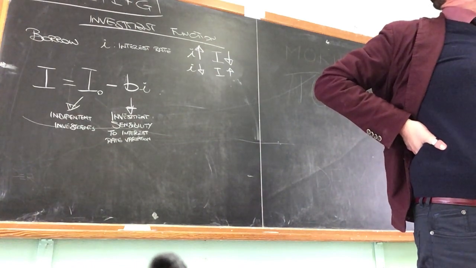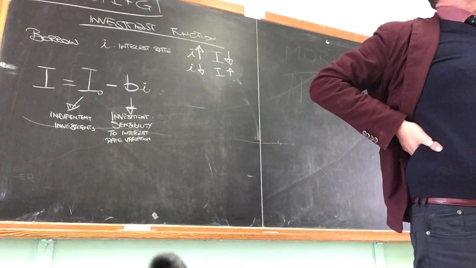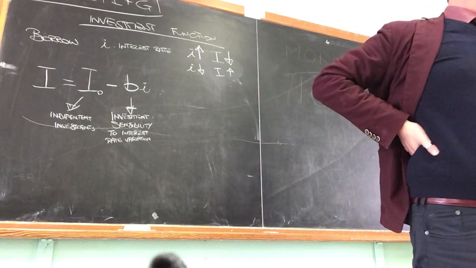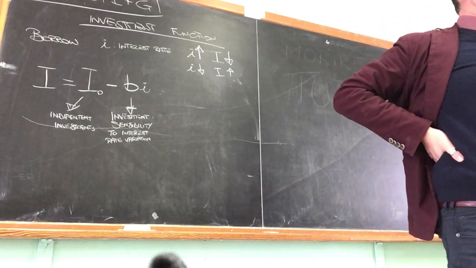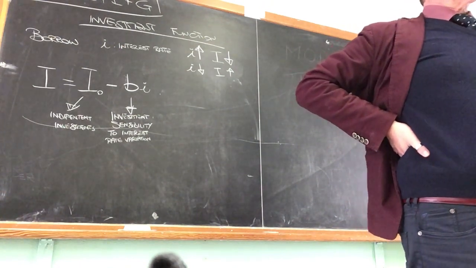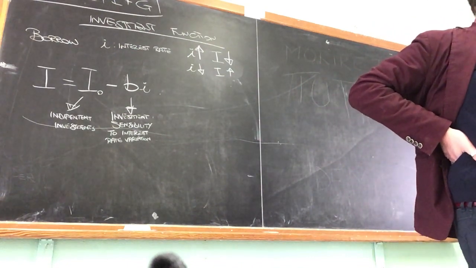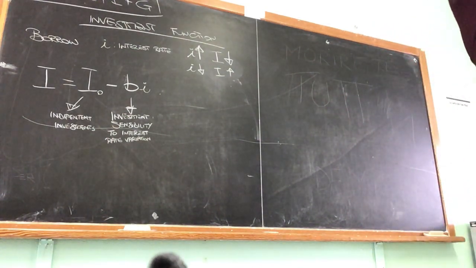From the net taxes. From the amount of taxes they get, that's for sure. Yeah, from the amount of taxes is correct.